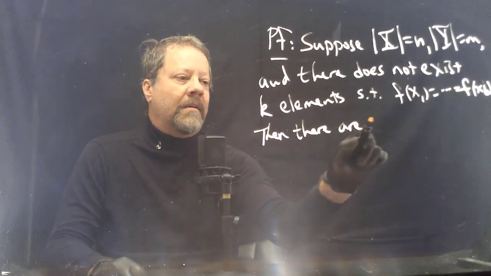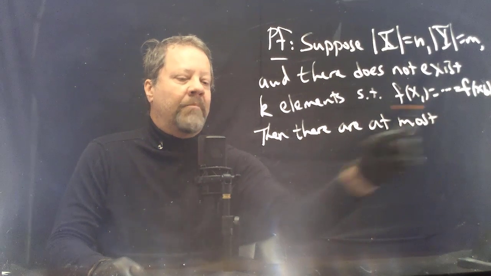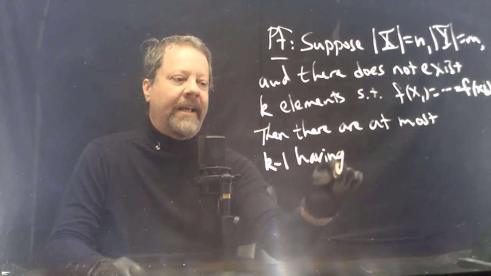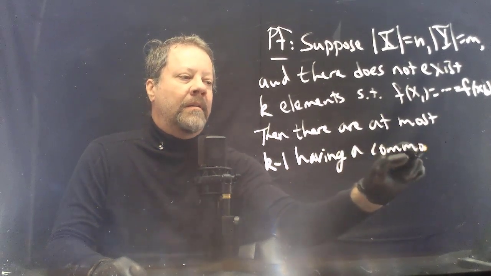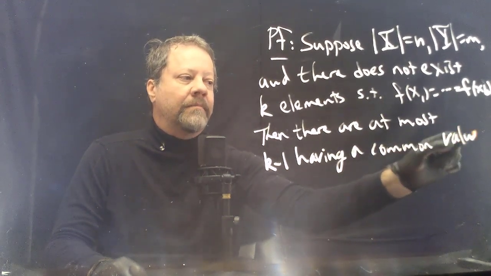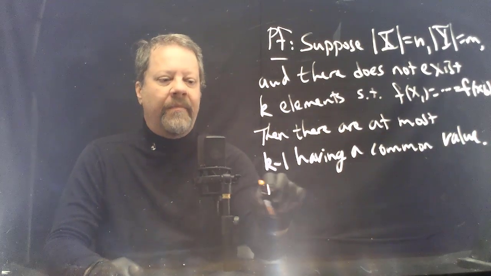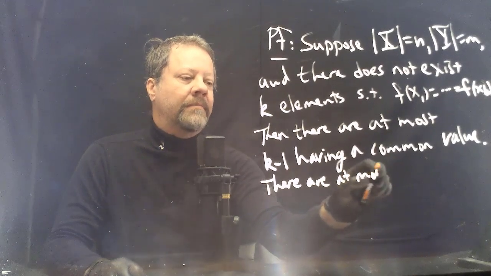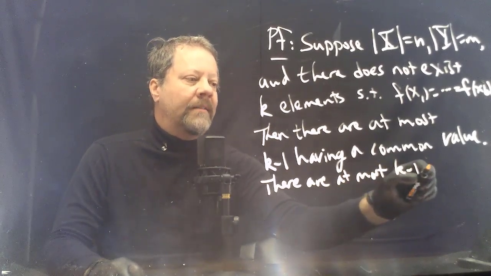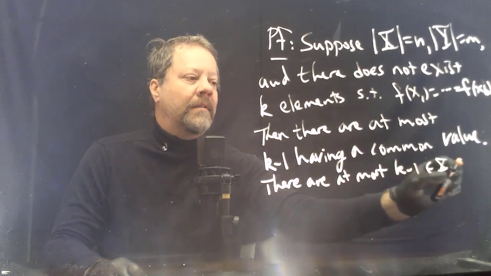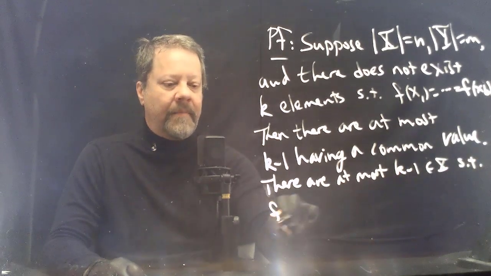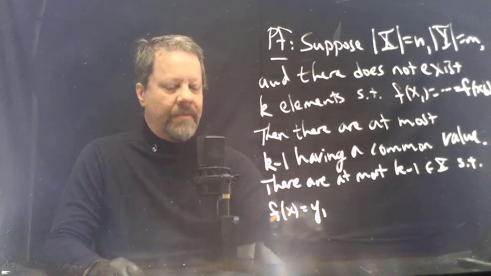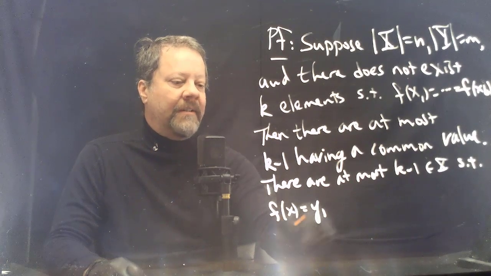Then there are at most k minus 1 elements having a common function value. That means there are at most k minus 1 elements of x such that f of x equals y1. So no more than k minus 1 values of x that equal y1.